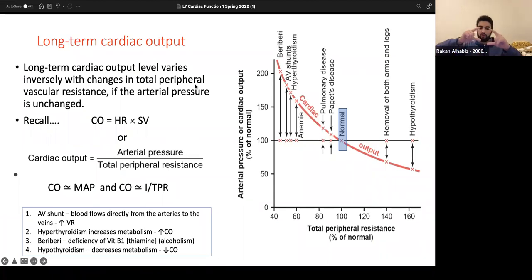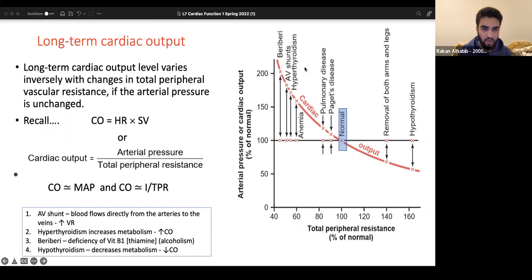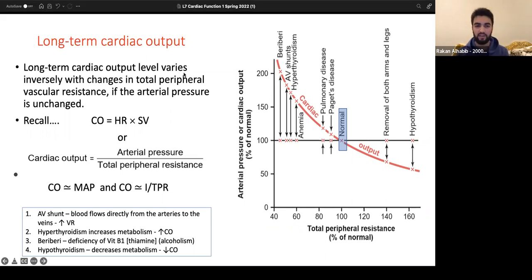If I just took the vessel and constricted it, I can accommodate less. But if I activated the sympathetics, I will activate both vasoconstriction and increase cardiac output by letting the heart contract more. You know what I'm saying? So this is assuming everything else is constant. Here he says that with changes in total peripheral resistance, we put in mind that the arterial pressure is unchanged, and that nothing else is increasing except the vascular resistance.